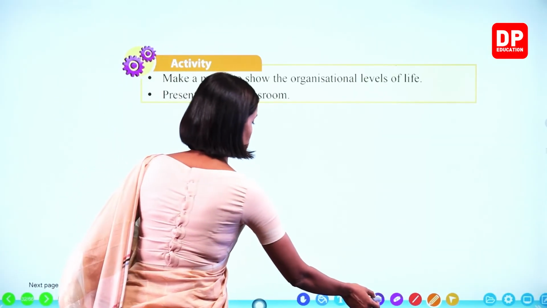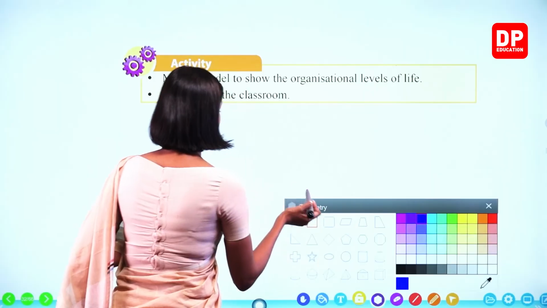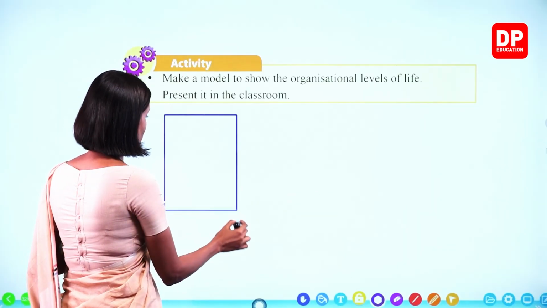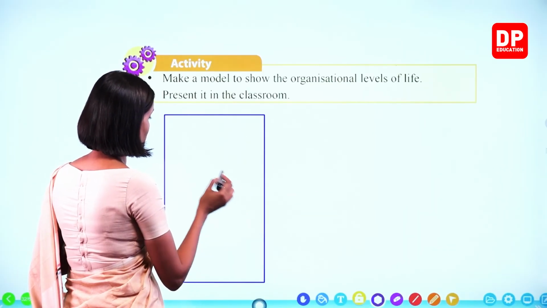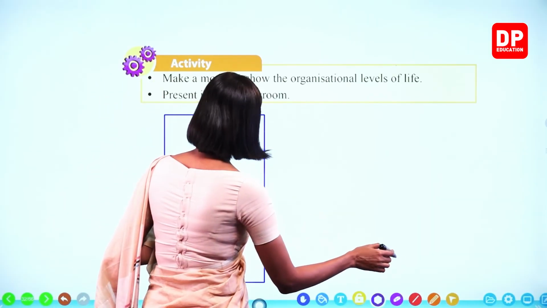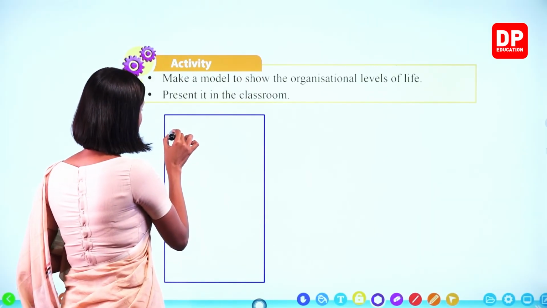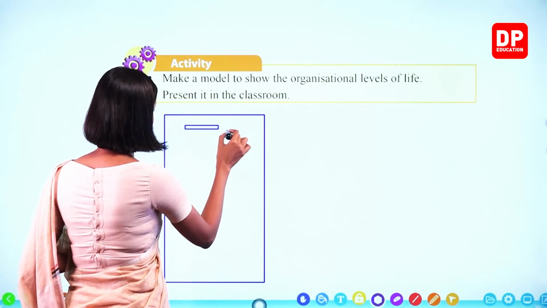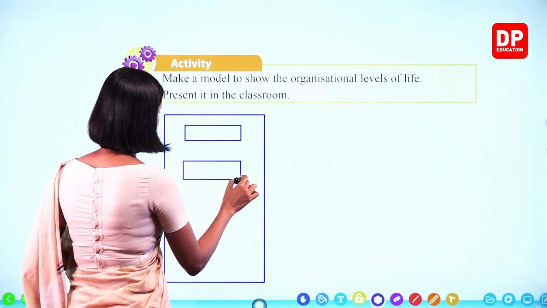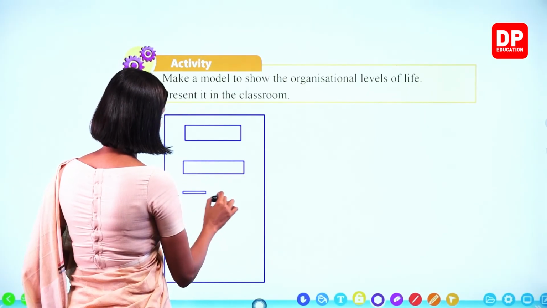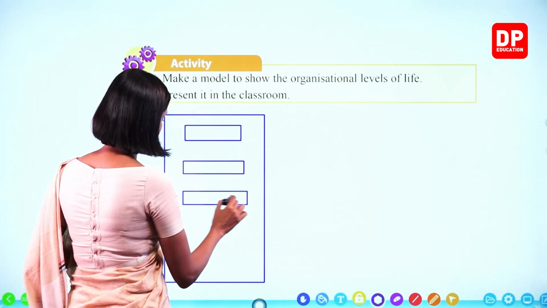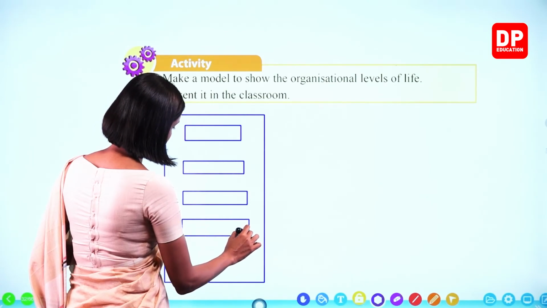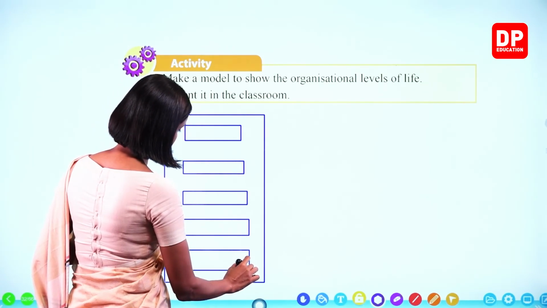Okay, let's say that if you do this as a chart, you can take a box board or a bristle board, and you can simply write all the organizational levels, right? Starting from the cell, tissues, organs, systems, and organism.